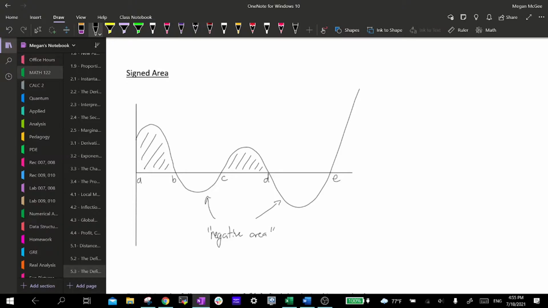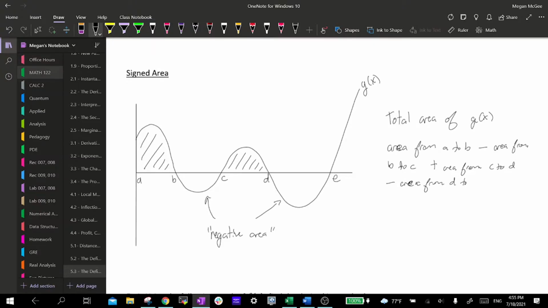Alright, so for an example, if we wanted the total area of, I'll call this g of x, is the area from a to b minus the area from b to c plus the area from c to d, and then minus the area from d to e.